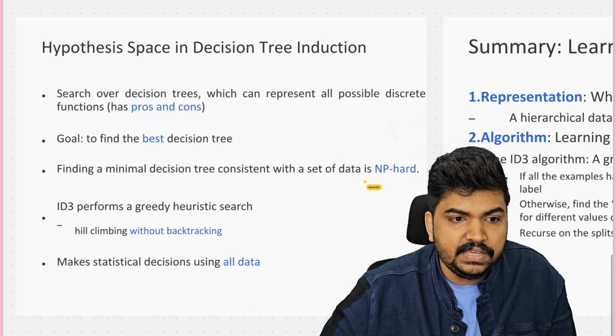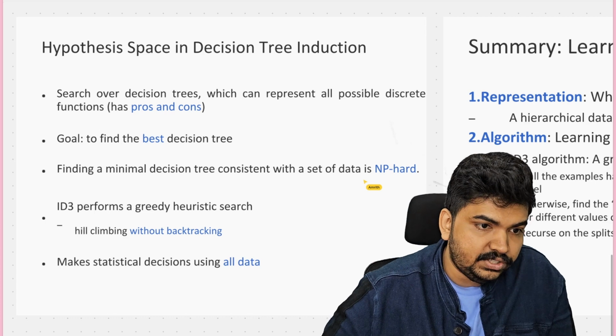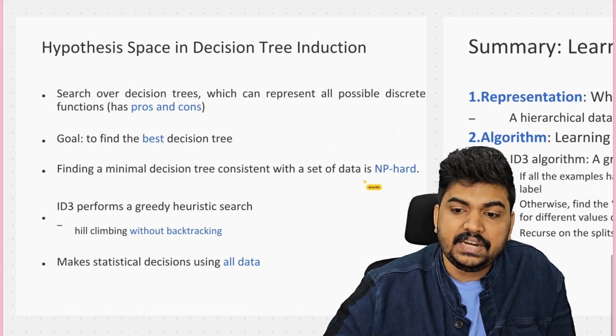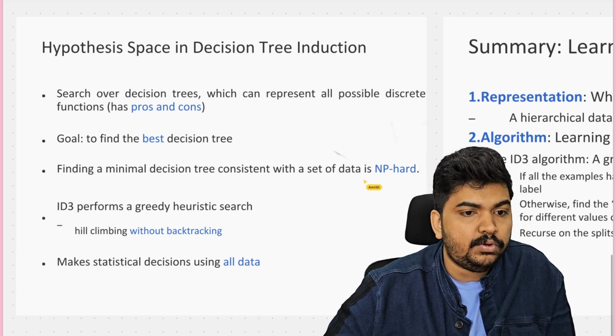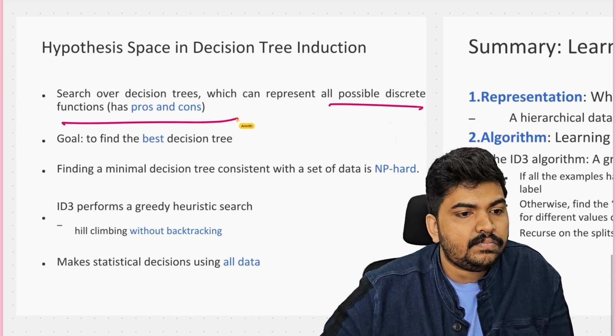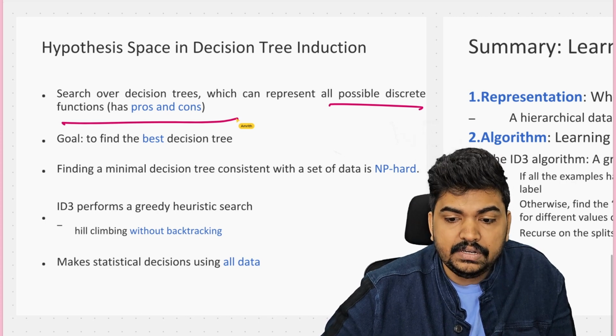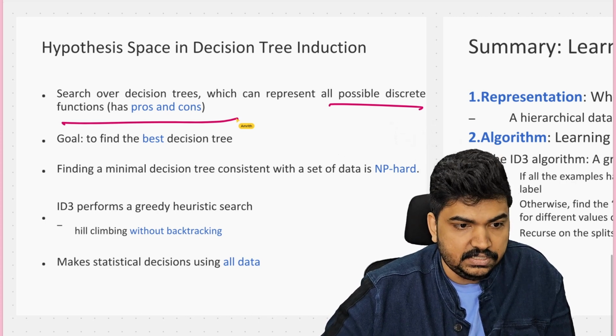The hypothesis space that ID3 searches over is the space of all possible decision trees, which translates to all possible Boolean or all possible discrete functions. It is a greedy algorithm and it never revisits its decisions.